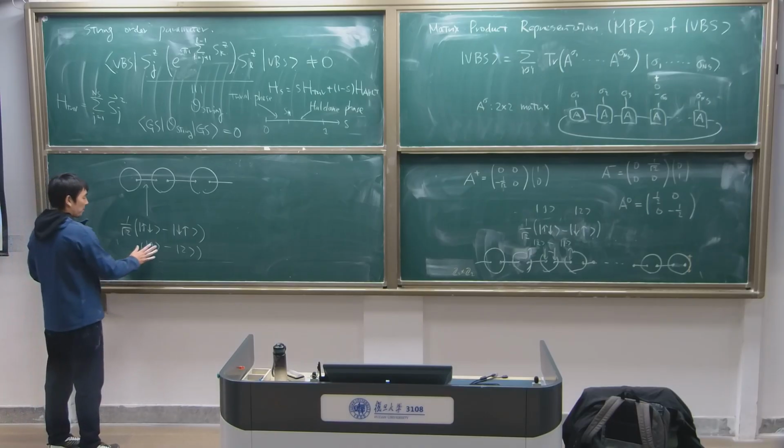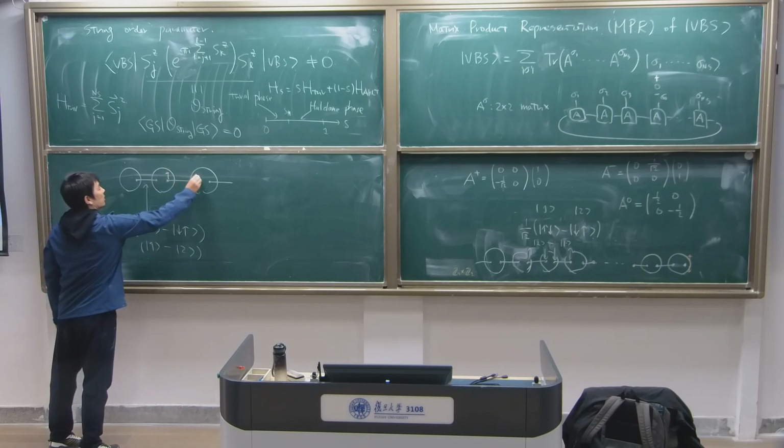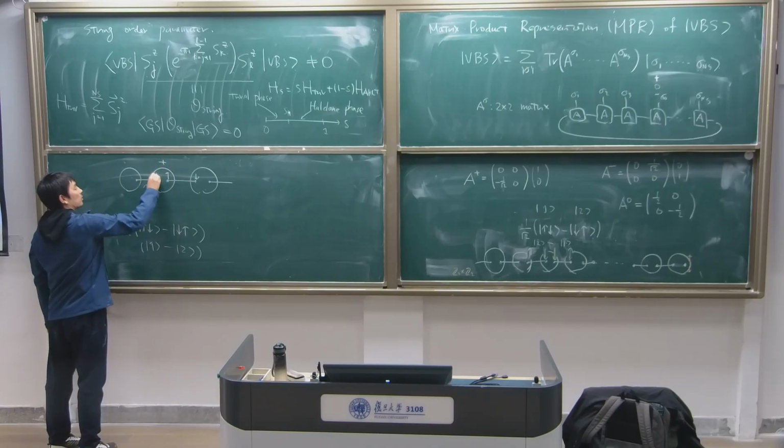I don't know which one is better. Maybe this is one stage like this way. And then if you have a plus sign, you can have it like this way.